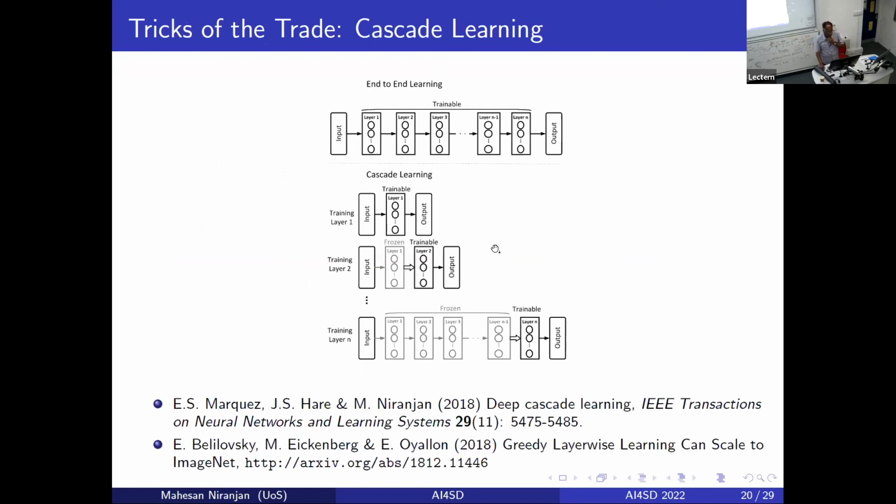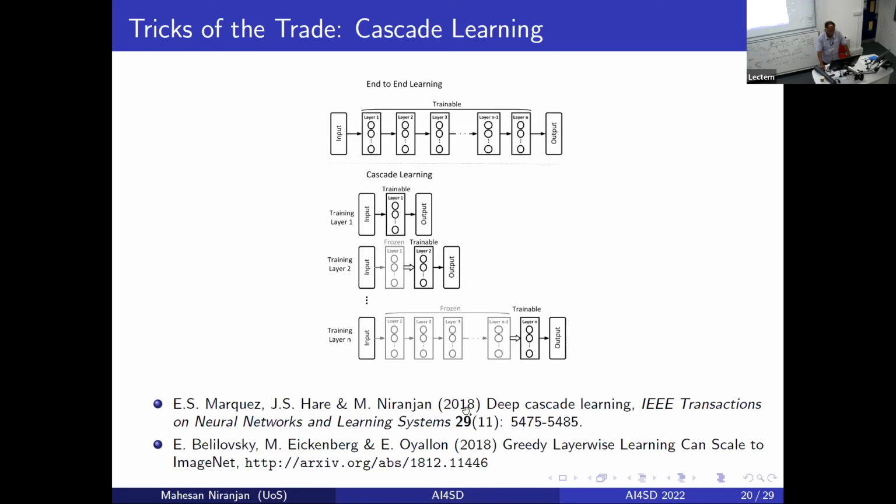The way we would want to train models is in a cascade way, layer by layer. We take a model with a single hidden layer and train it. After training it, we fix that layer, so that layer becomes a fixed nonlinear transform. In that transform space, we attach another layer and train, and keep doing that. We thought that was a cool thing to do in 2018, already four years ago.